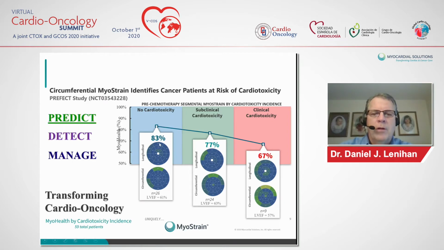So for example, those patients that had a normal Myostrain value of 83%, you can see here that the picture is almost a solid blue. They did not develop cardiotoxicity. However, those patients that had a significantly reduced normal Myostrain percentage with different colors noted besides blue in the regional measurements, those patients were ultimately more likely to develop toxicity.